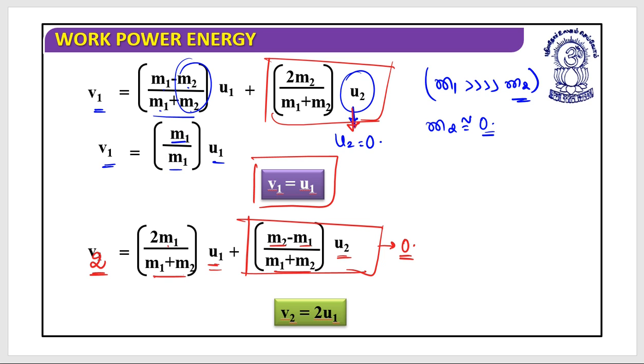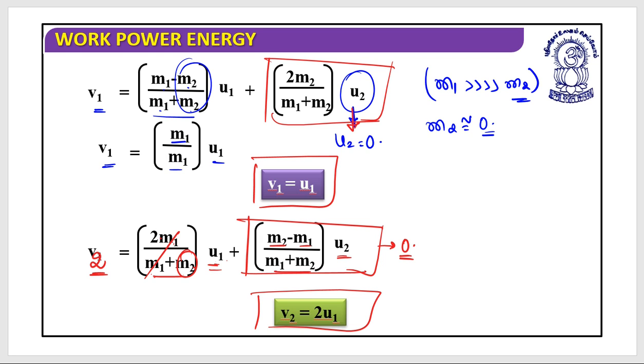If m2 is approximately equal to 0, it can be neglected. It's 2m1 by m1, and this cancels, and I am left with 2 into u1. So this is the mathematical derivation of the same situation.